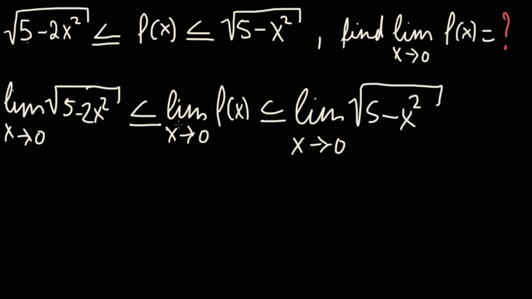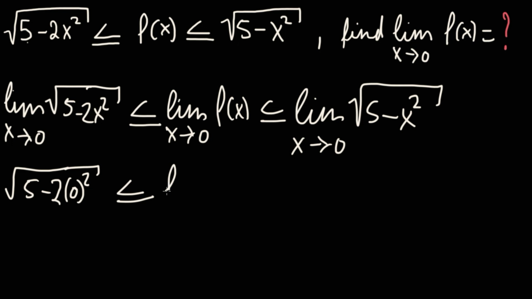And now we are going to replace the x with 0, so that will become the square root of 5 minus 2 times 0 squared. And this will be the same for the limit as x approaches 0 of f of x.